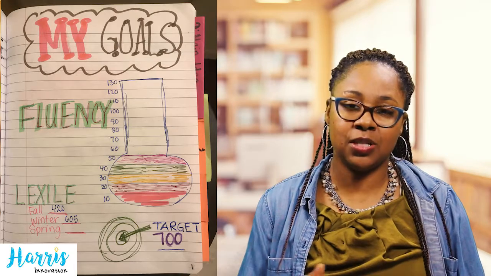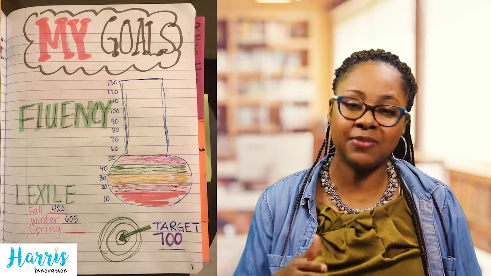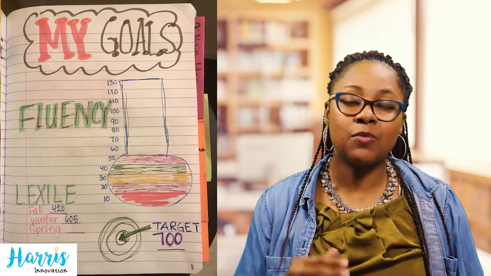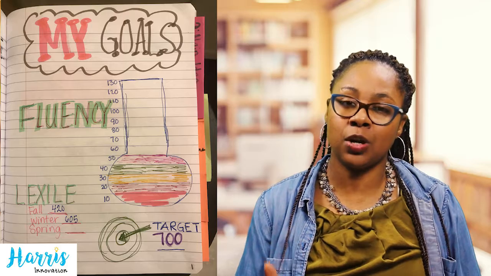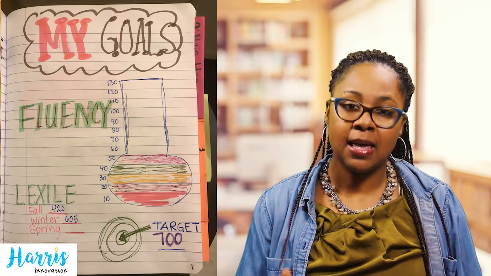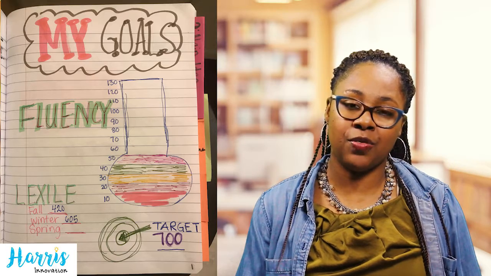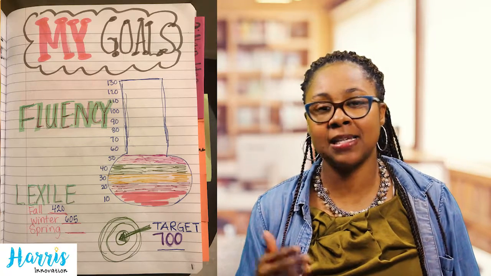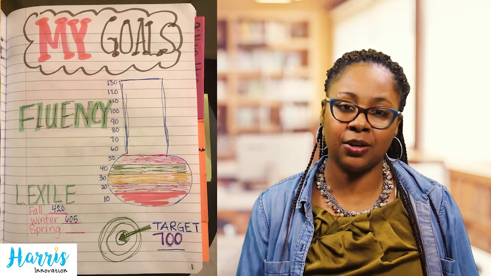On the student goals, you see it's very colorful, allow the students to kind of decorate and take ownership and have some fun with that page. You see with this student, the goal for their fluency would be to reach 130 words per minute. As they're reading each week, they would monitor their fluency by reading a passage, timing it at 1 minute, and as they grow, they would go ahead and color it in.